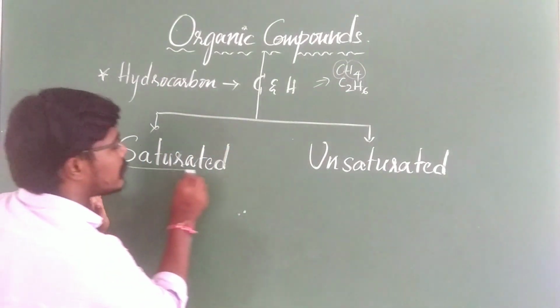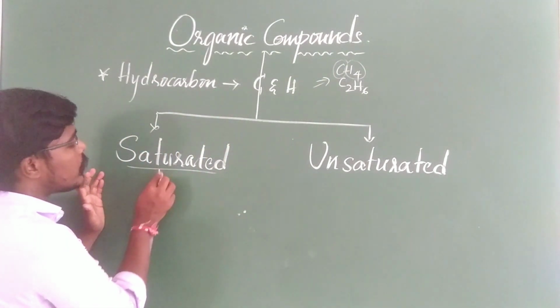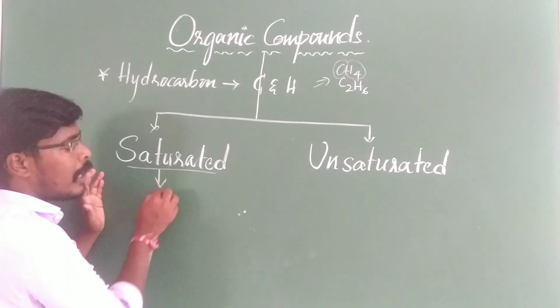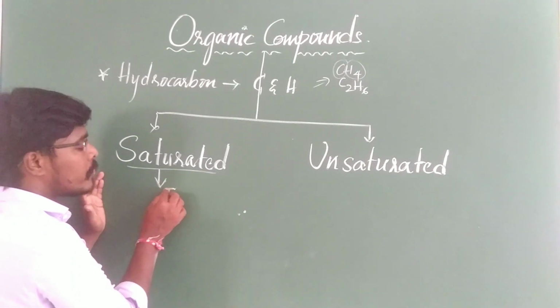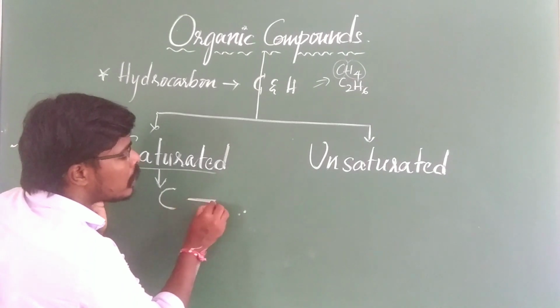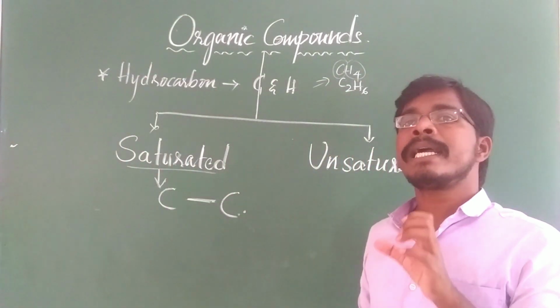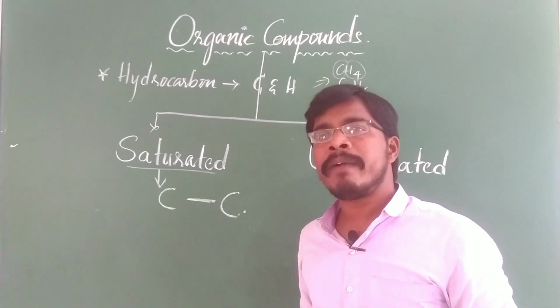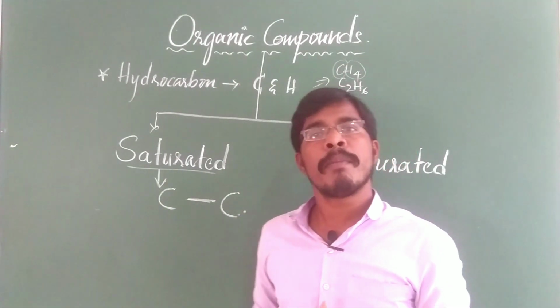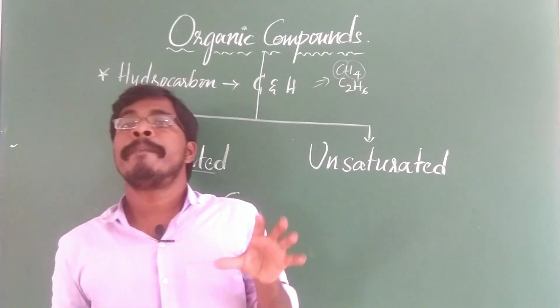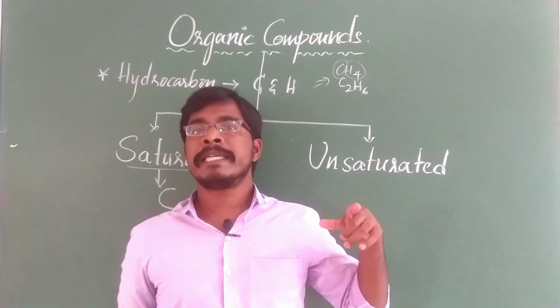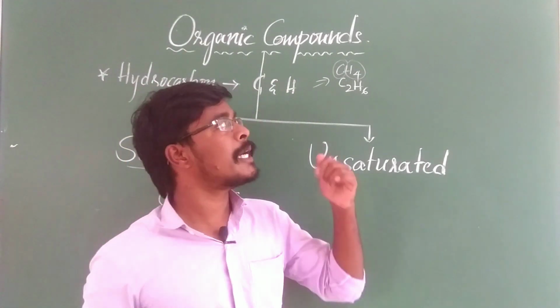Saturated carbon compounds are the compounds which have single bonds between them. How to identify whether they have a single bond, double bond, or triple bond? Based on the sharing capacity, by using the Lewis dot structure.